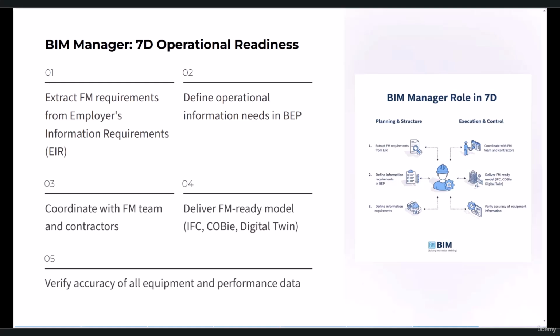The next one is to coordinate with the FM team and contractors. It has to deliver the model FM ready, and it has to verify the accuracy of all equipment and performance data. And our goal from this dimension is that the building after construction is maintained well.